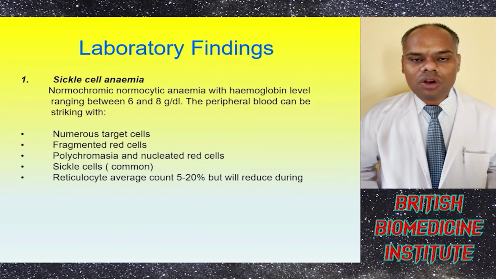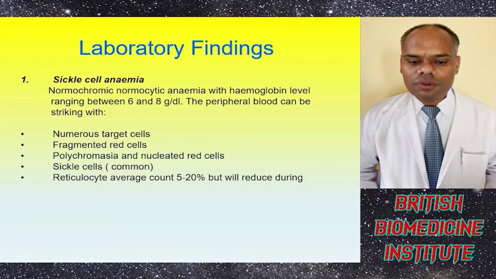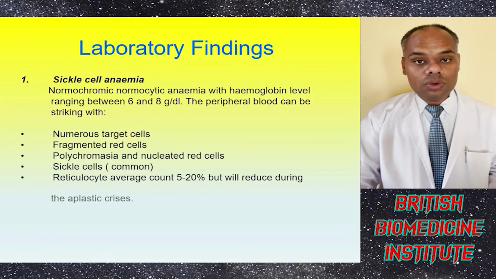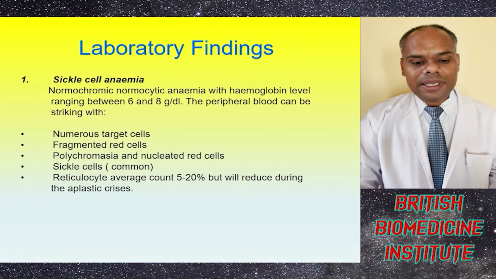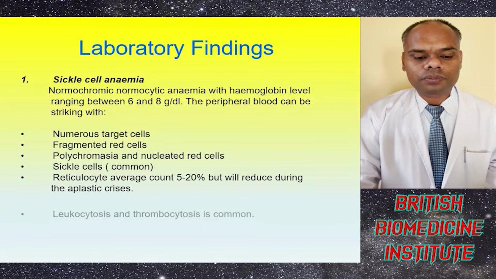Reticulocyte average count will be between 5 to 20, which will reduce during aplastic crisis.